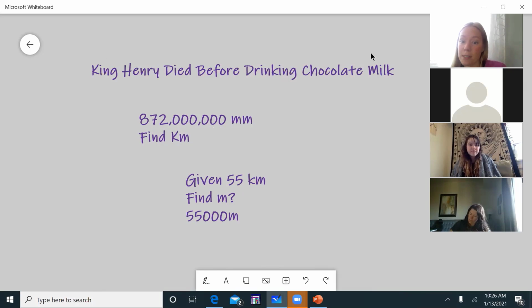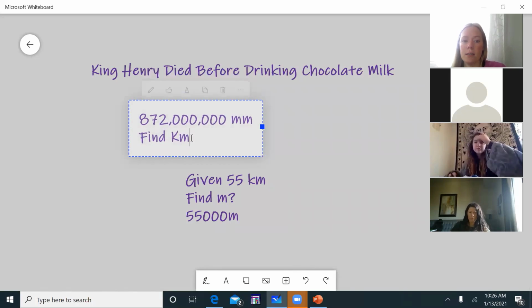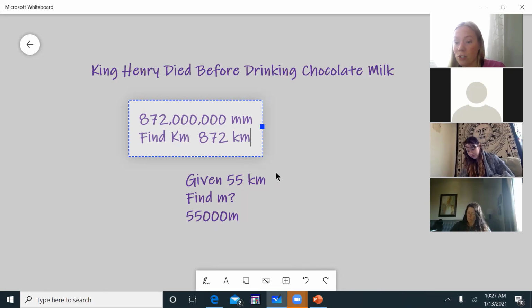So we're going 6 hops to the left. My decimal lives here. I'm going to hop it over 1, 2, 3, 4, 5, and 6. So how many kilometers is this? It is 872 kilometers. That's kind of nifty, right? Much easier than converting from inches to feet to miles. That's one of the beauties of the metric system: because everything is on a base 10, it becomes as simple as just moving the decimal around.